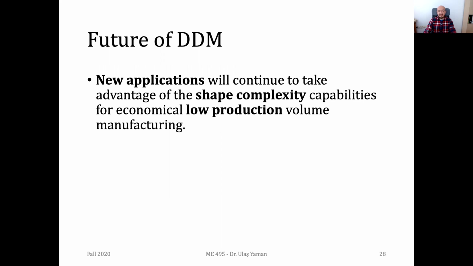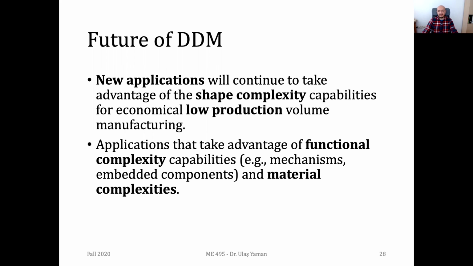So what are we expecting from direct digital manufacturing in the near future? Obviously, we will have some new applications. Since additive manufacturing has advantages in complexity and customization, direct digital manufacturing will be using such advantages in the near future, especially for producing a low number of parts.